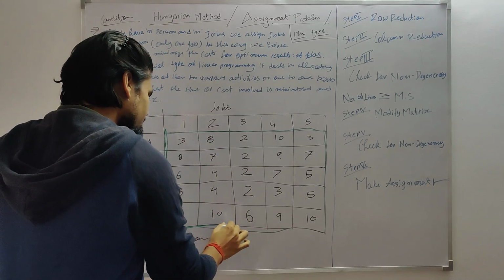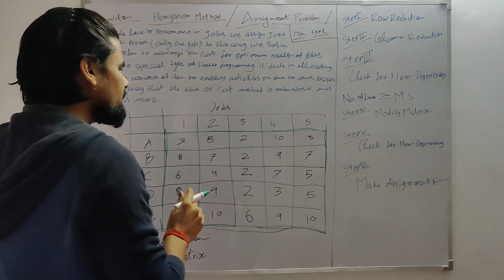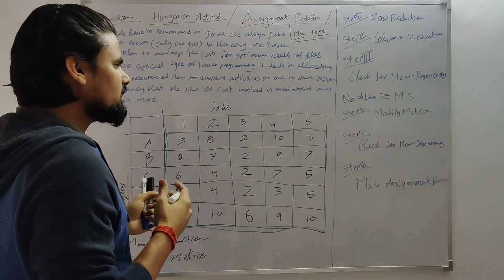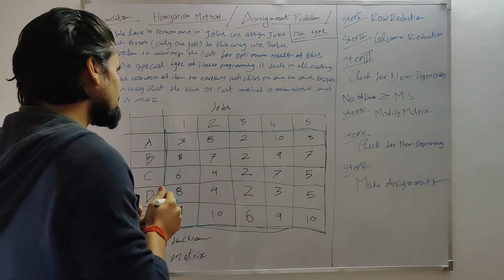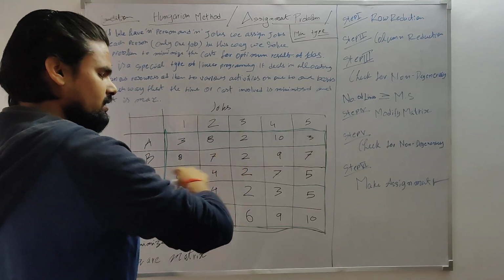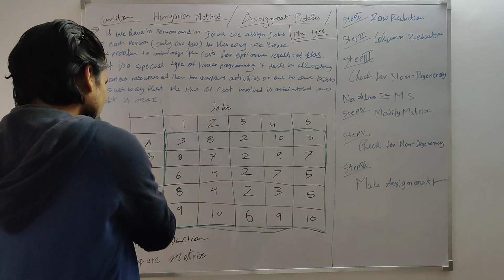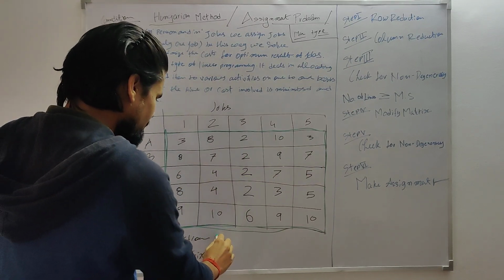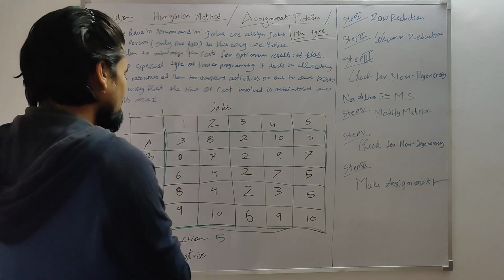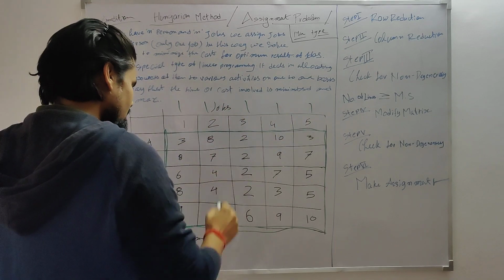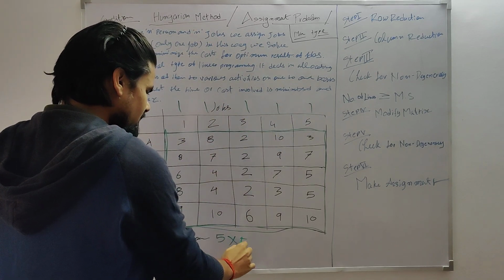This is our matrix for this problem. Okay, so square matrix, what does it mean? What is a square matrix? For this we have to count the rows. Rows are the horizontal lines. So 1, 2, 3, 4, 5. So the number of rows over here is 5. Then columns 1, 2, 3, 4, 5. So we have 5 columns.